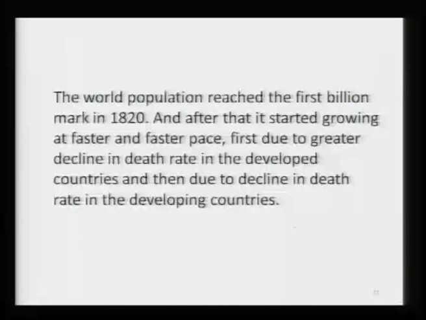The world population reached the first billion mark in 1820, and after that it started growing at faster and faster pace, first due to greater decline in the death rate in the developed countries, and then due to decline in death rate in the developing countries. So, the growth of population in the 19th and 20th century is not because of any increase in fertility.